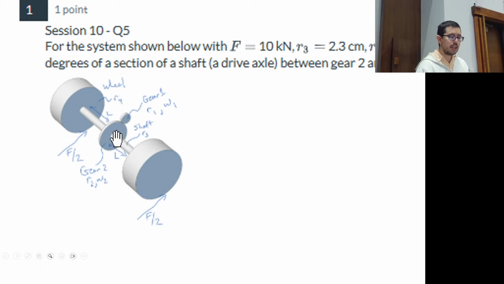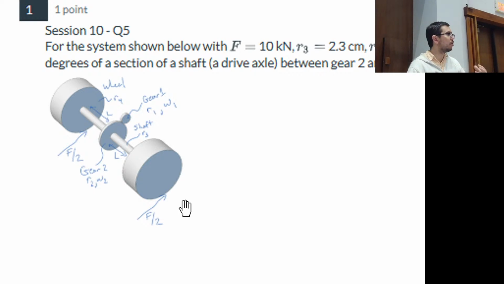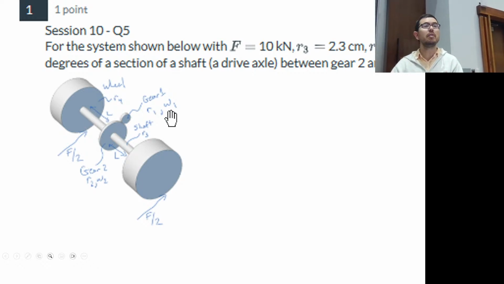What we're saying is there's a force that the wheels are exerting on the ground, or the ground is exerting on the wheels, as the vehicle is moving, and that generates a torque. That torque, like we've talked about previously, is being transferred through the shaft and then going up into the drivetrain, into the transmission of the vehicle.